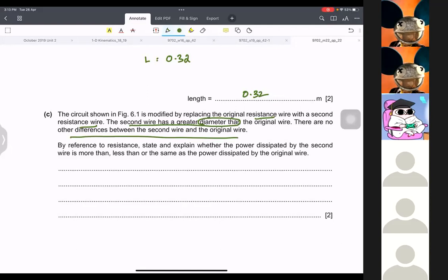First of all, greater diameter, hence greater area. Okay. If there is more area, so less resistance.